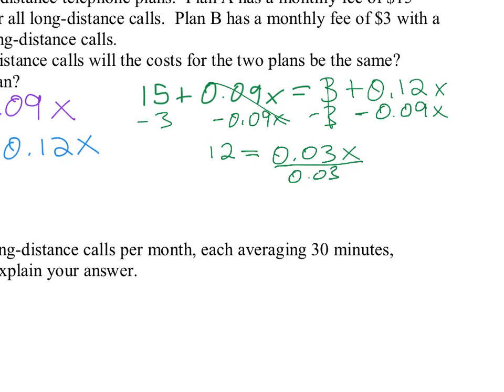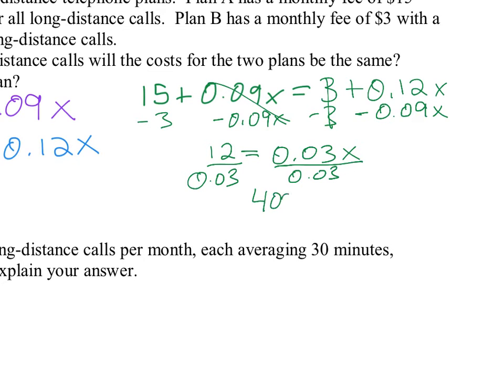Not the x, sorry. There we go. And divide this by 0.03. And this is going to tell us how many minutes at which the two are the same cost. So 12 divide 0.03. I hit plus, that's why that came out weird. It should be divide. And I get 400 minutes.